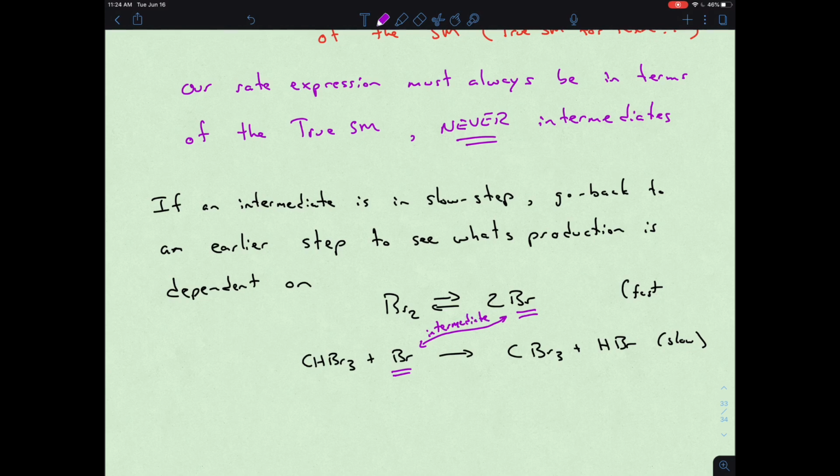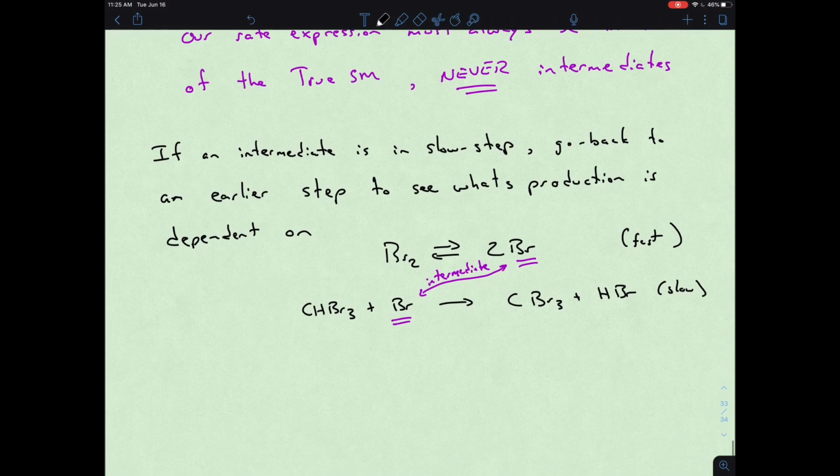That's where it's coming from. So we have to go back to the first step to see what the bromine atom is dependent on, and hopefully it's a starting material, and then we can complete the rate expression from the mechanism. So if we go back to that first step, we have something new.